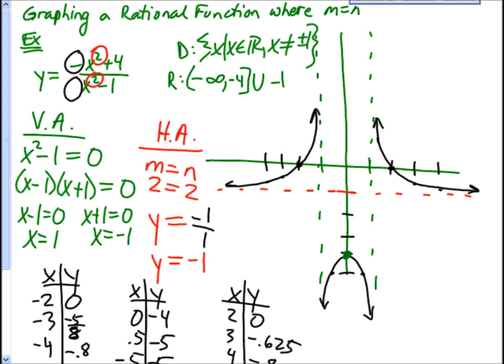And then from that negative 1, we take off and we go as high as we can, right? But we never, in this case, we never touch that horizontal asymptote, okay? So, anyways, I'll leave it at that.